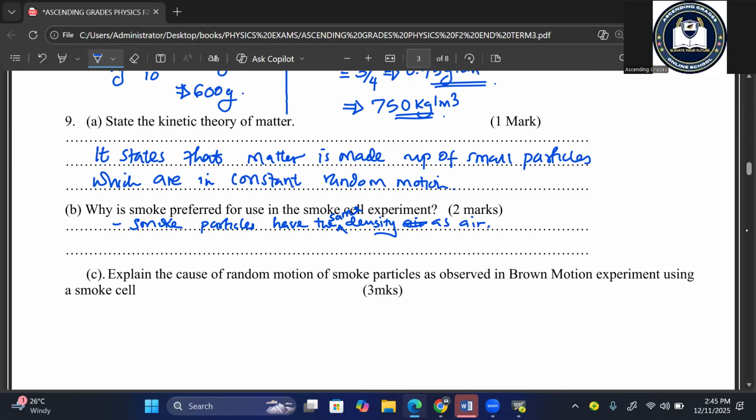That is why it floats, floating in air still. Number two, smoke particles are visible.